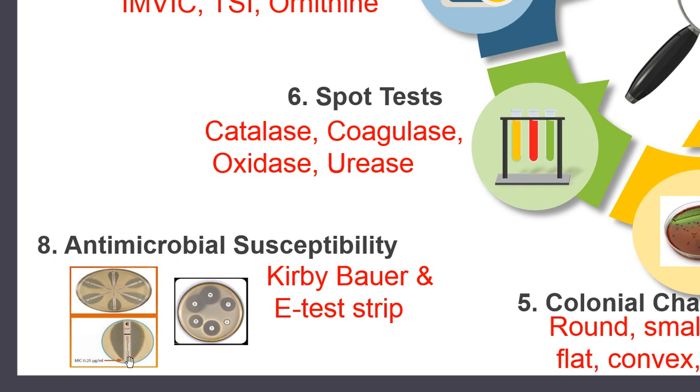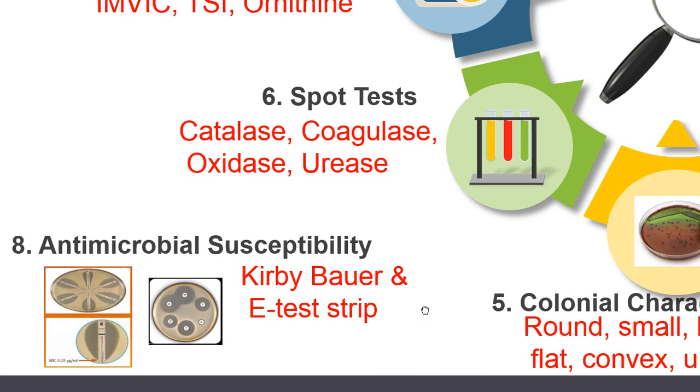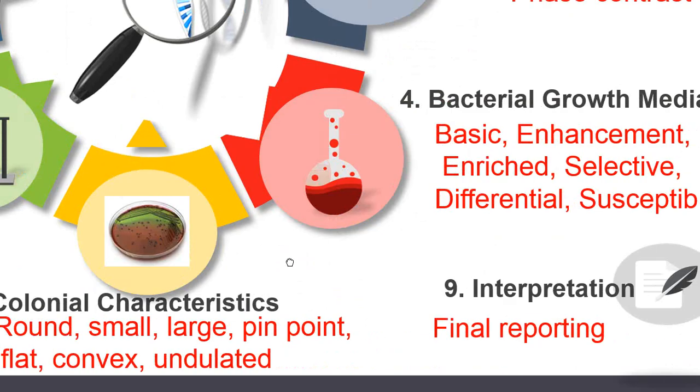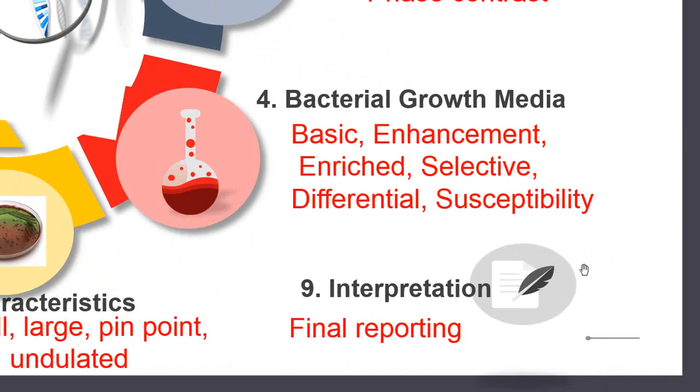One single strip for one antibiotic has more than 100 concentrations of the same antibiotic. So we can find out the minimum inhibitory concentration of that particular antibiotic against that particular microorganism that we have cultured on that plate. So this is the way we are doing antimicrobial susceptibility testing nowadays.